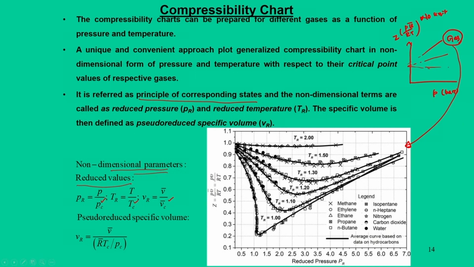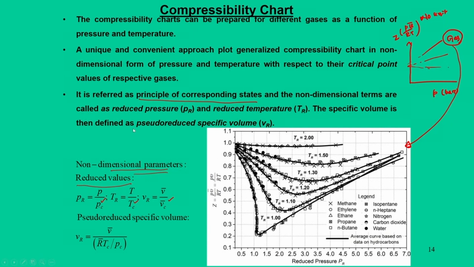All this curve talks only about TR equal to 1.2 and it is true for all these gases. This behavior of all the gases was considered an advantage, and that is the reason we call them well behaved at reduced values.